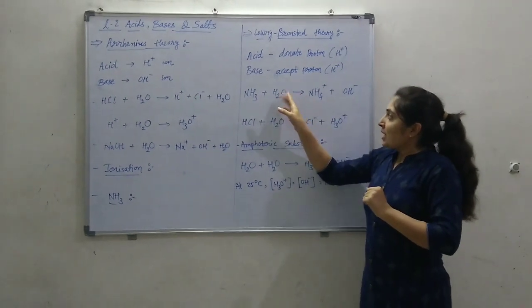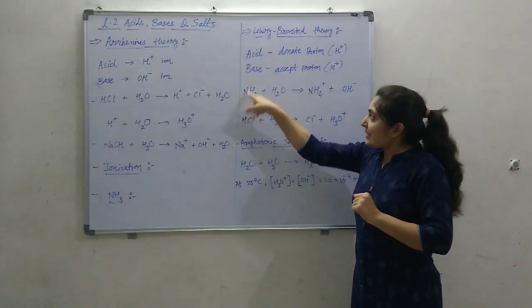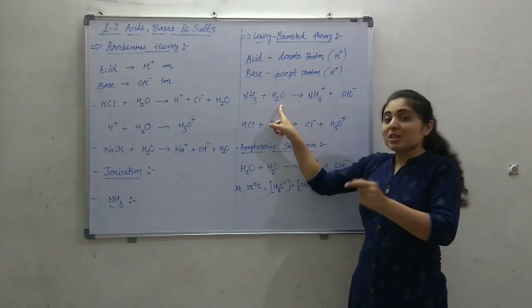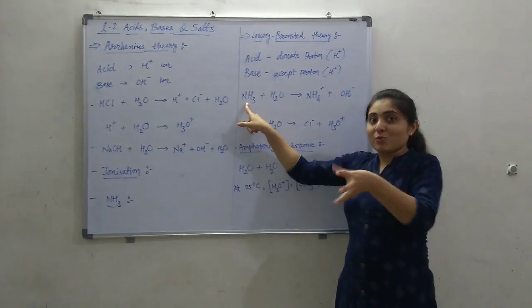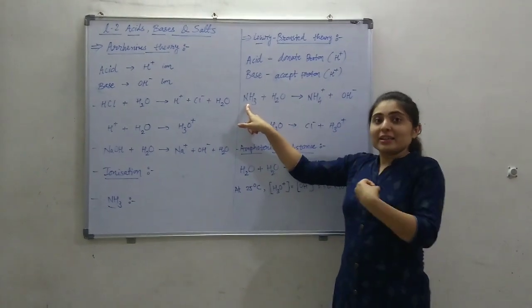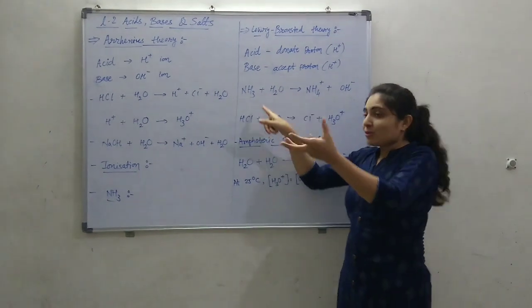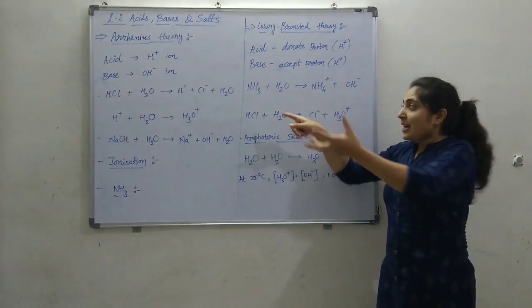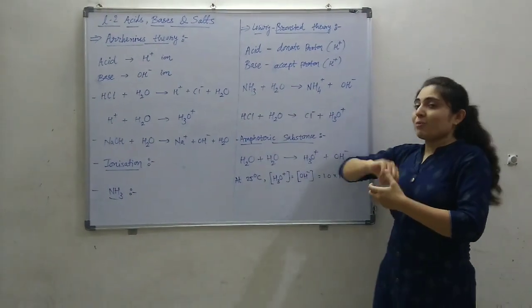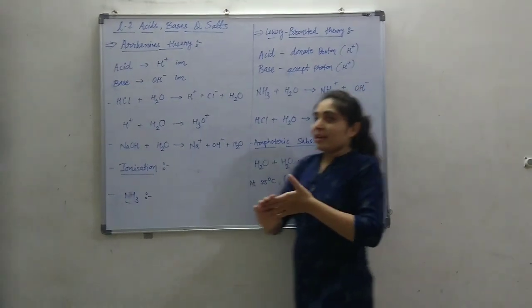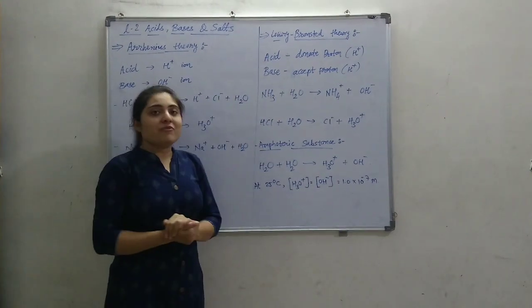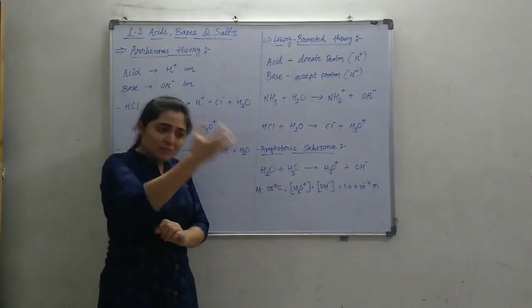So yes, NH3 is accepting. You can see that H plus from water is added into the ammonia. So ammonia has taken H plus from water. H plus is accepted by ammonia. That's why ammonia is a base according to Lowry-Bronsted theory. So yes, this is the complete definition for acid and base.